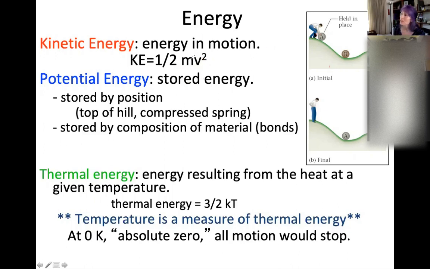In the picture here, when somebody is holding ball A, if he lets go, it's going to roll down the hill. When it's rolling, it will have kinetic energy. While he's holding it right now, it's got stored energy. Because it's up the hill, it can fall down. It has that potential, so that is potential energy.